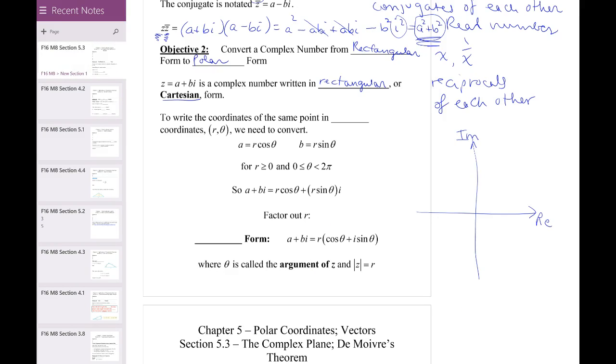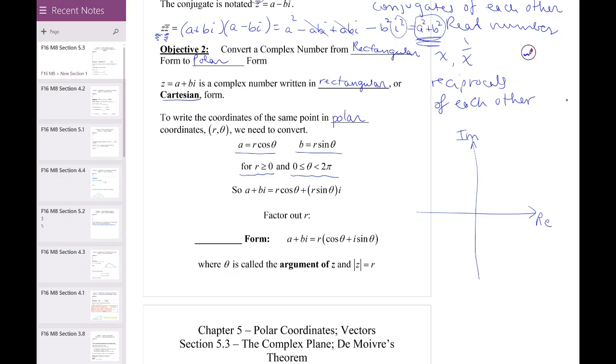So to write the coordinates of that same point in polar coordinates, we use what we've learned previously and we say, oh, we need to convert using a equals r cosine theta and b equals r sine theta, and we're always going to have r be positive, or at the smallest 0, but never negative, and we're always going to have theta between 0 and 2 pi.